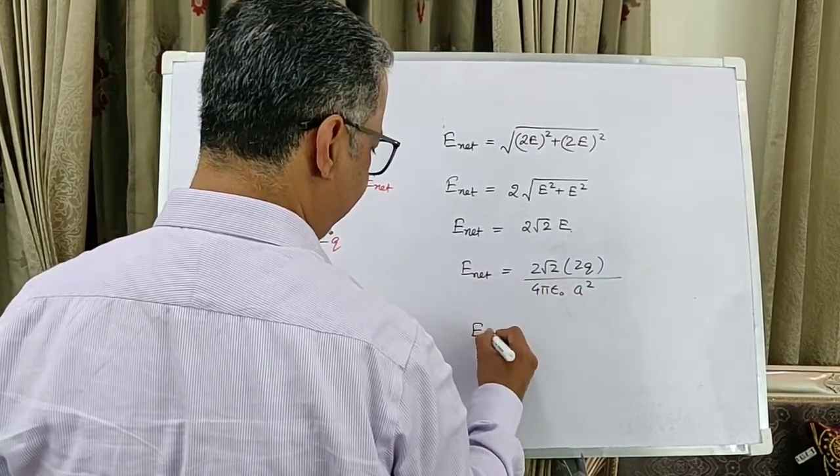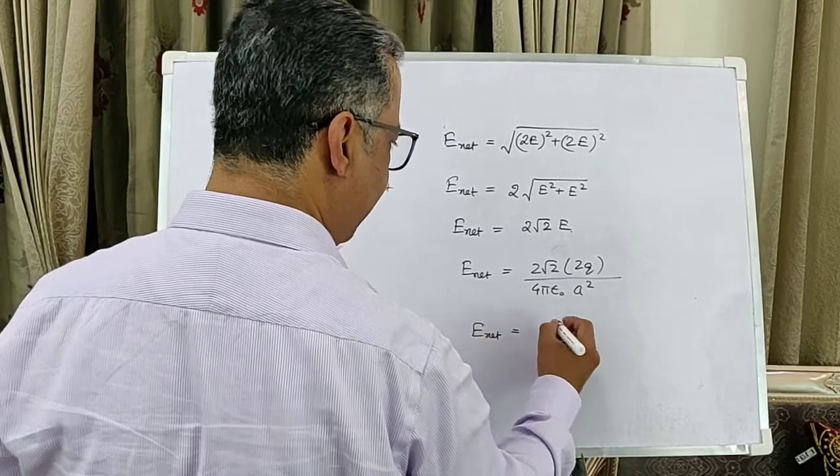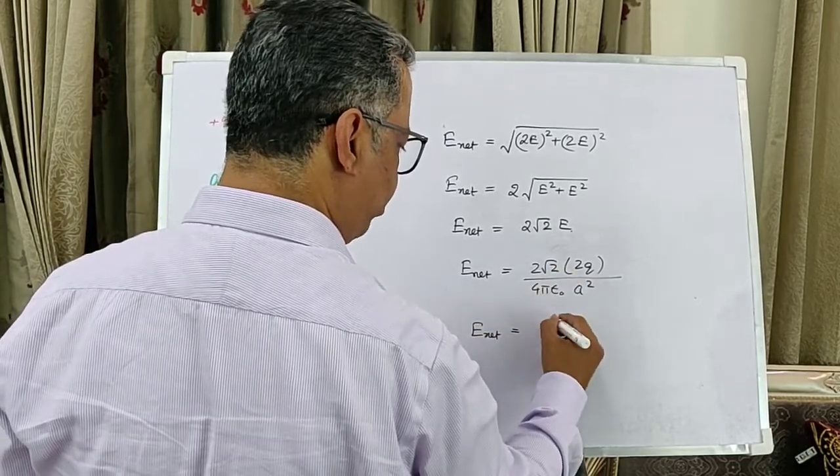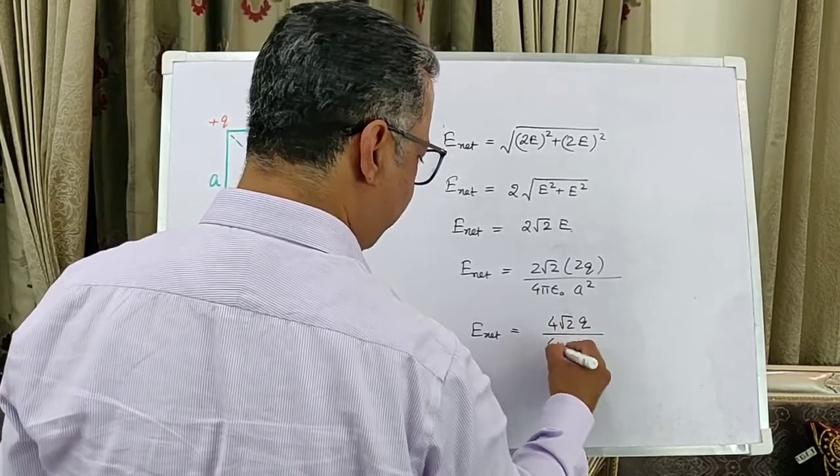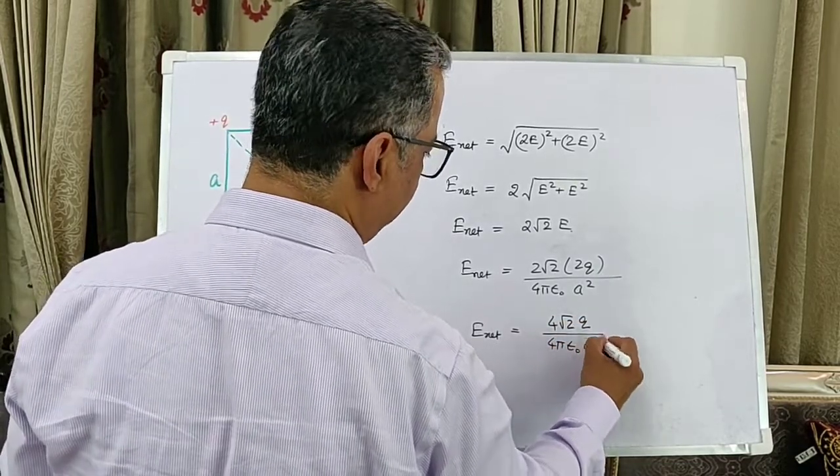The net field therefore finally is 4 root 2 Q by 4 pi epsilon naught A square.